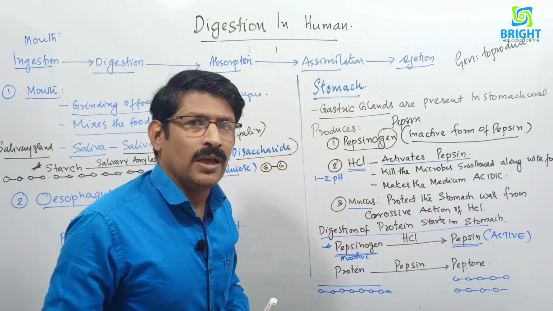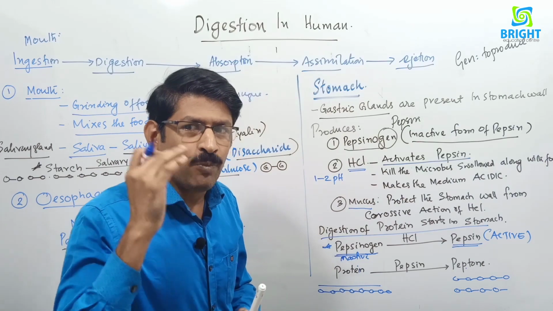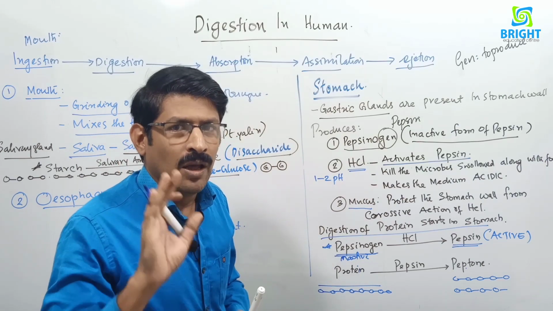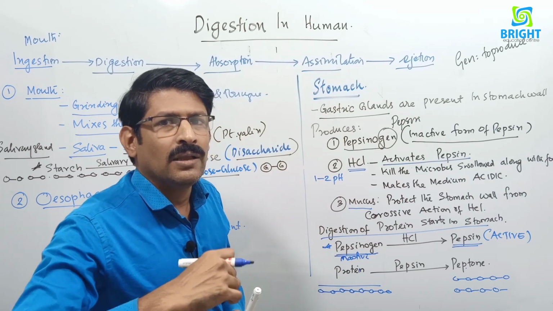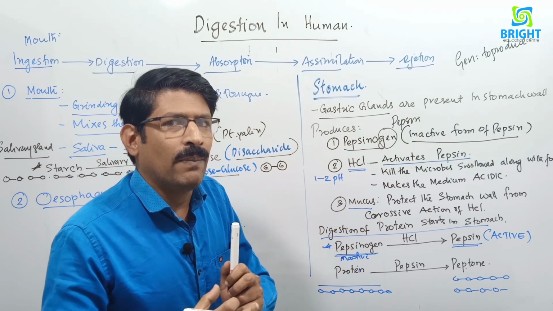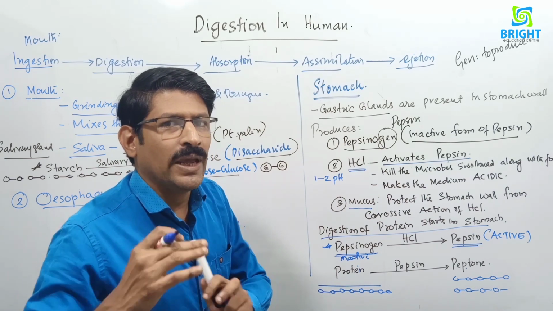Next we will study the function of the small intestine. The small intestine is a very important part because all the digestion is completed in the small intestine, and the absorption of water and mineral nutrients will be completed at the end of the large intestine, and the waste material will be excreted.